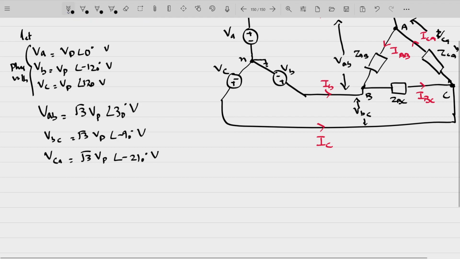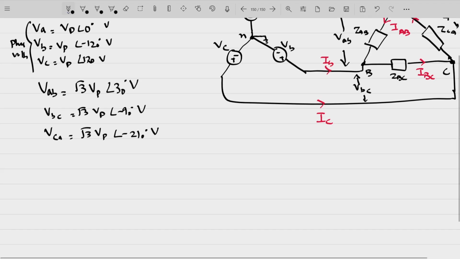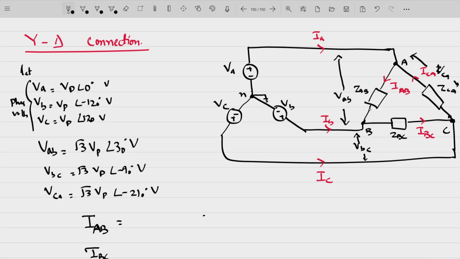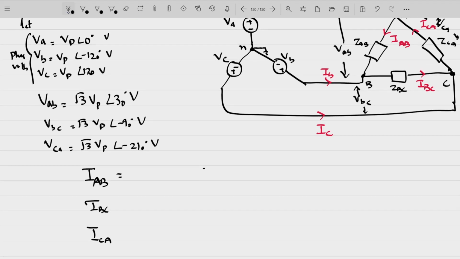IA, IB and IC? To find out IA, IB and IC, first of all we need to find out IAB, IBC and ICA. Now IAB is the current that is flowing across the impedance ZAB. So keeping the direction of current in mind, IAB is simply equal to VAB divided by ZAB.